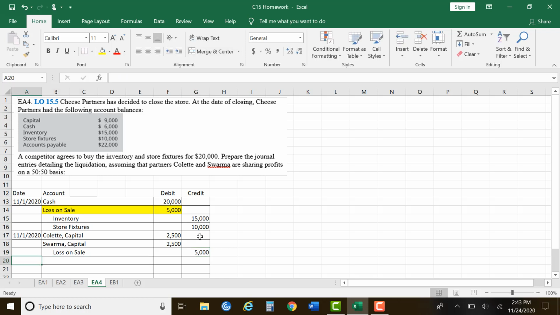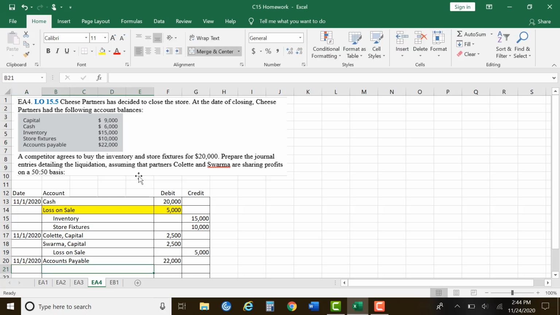Then we have to pay out the accounts payable. So the accounts payable, we're going to clean it out from cash. So 11/1/2020, we're going to pay this accounts payable off for $22,000.